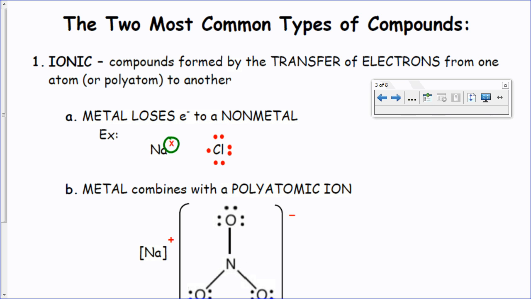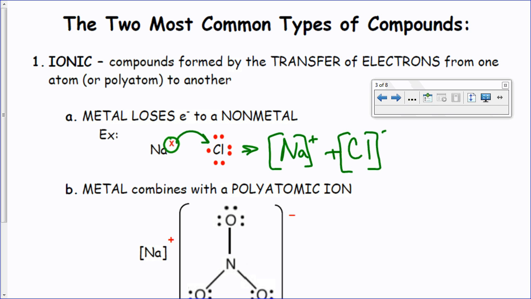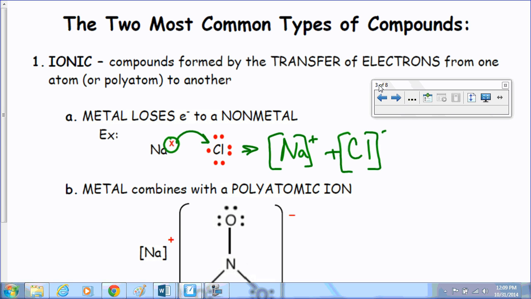The sodium, having one valence electron, will lose that electron to chlorine, and in the process become a sodium ion and chlorine ion. So we get an Na plus as a result and a Cl negative as a result. So these two opposites are attracted to each other, and we call that an ionic compound.